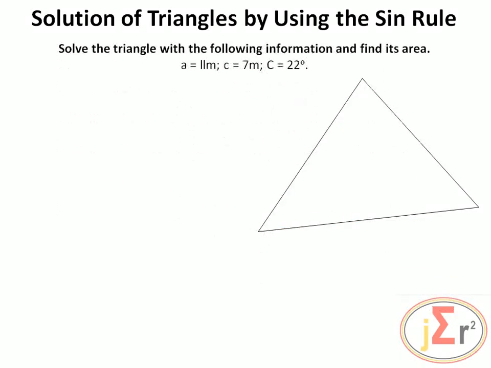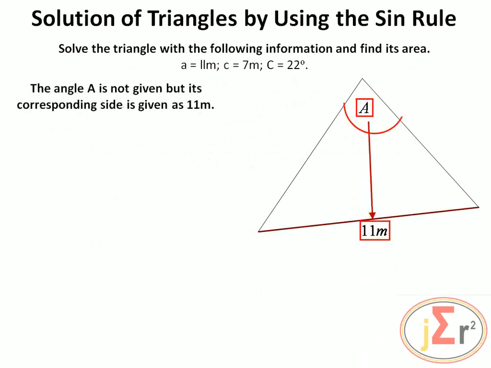Here's another one. Solve the triangle with the following information and find its area. So a is 11 meters, c is 7 meters, and C is 22 degrees. The angle A is not given, but its associate side is given.